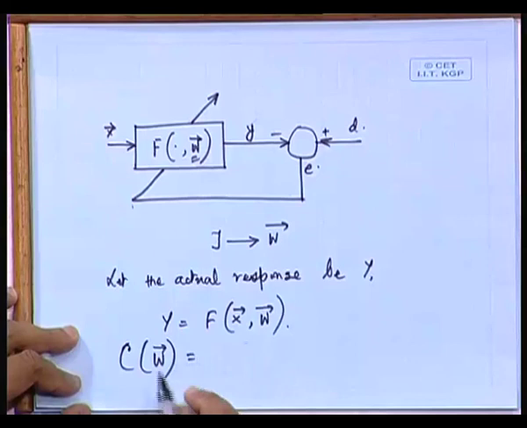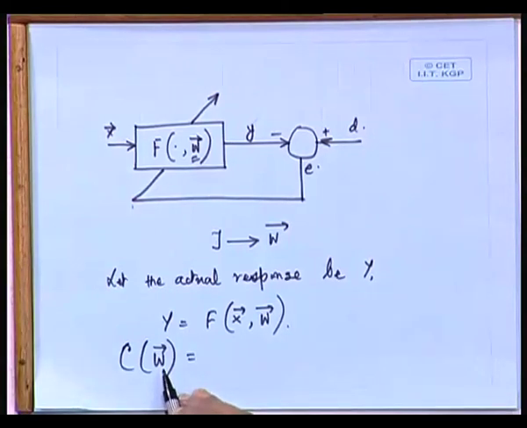So what we have to do is define a cost function C, to be expressed as a function of the weight matrix only.